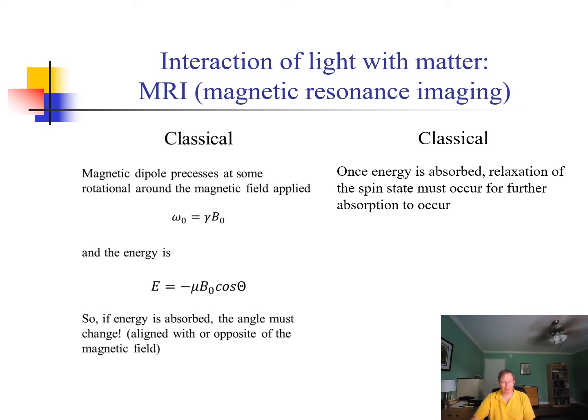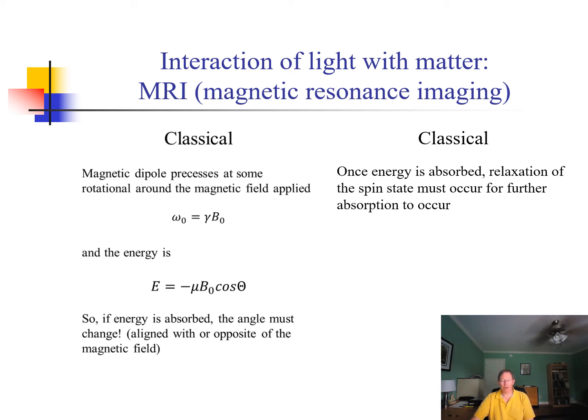And so if I send in the proper energy, that photon can be absorbed, and it will change the angle. I can choose what that angle will be. Typically, in these experiments, I will flip it 90 degrees, or you can flip it 180 degrees.